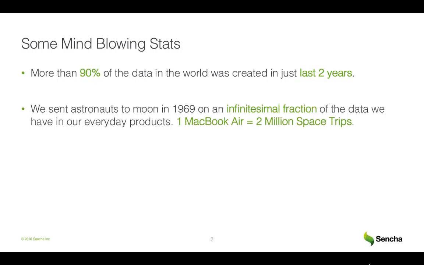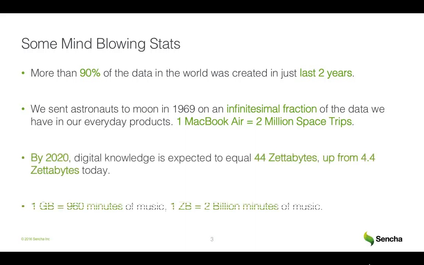And it's amazing to know that when we sent astronauts to the moon in 1969, the amount of data that was available to scientists and engineers was an infinitesimally small fraction of what we have on our personal computers today. We are almost living in a digital universe which is growing at 40% year over year. And by 2020, our digital knowledge is expected to grow to about 44 zettabytes, up from 4.4 zettabytes.